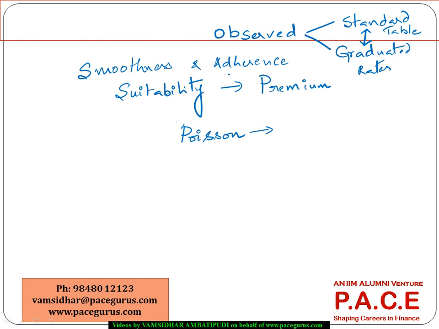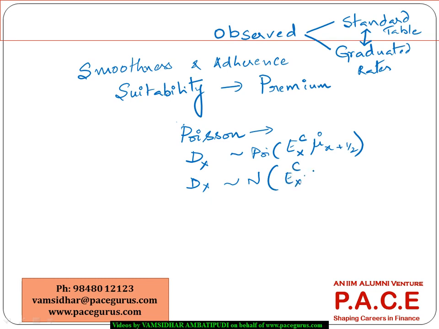So I would like to compare under the assumption that the deaths follow a Poisson distribution with the central exposed to risk multiplied by the graduated mu x plus half, or probably I'll take the deaths to approximately follow a normal distribution with mean the central exposed to risk times mu x plus half, which is graduated, and the variance also being the central exposed to risk times mu x plus half, which is graduated.